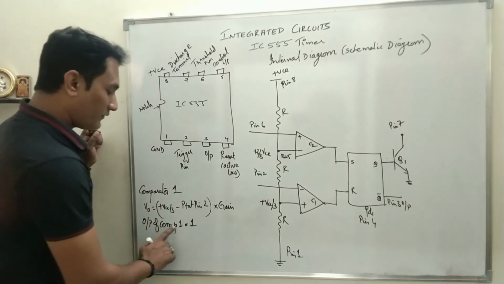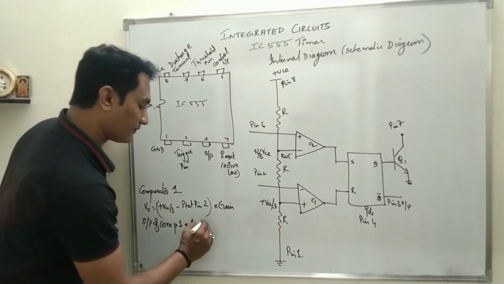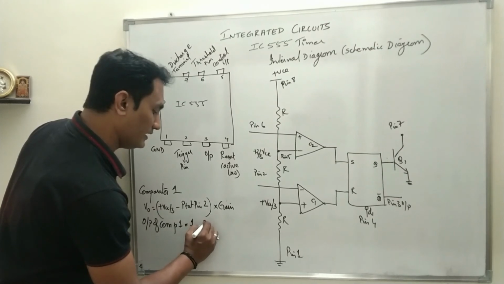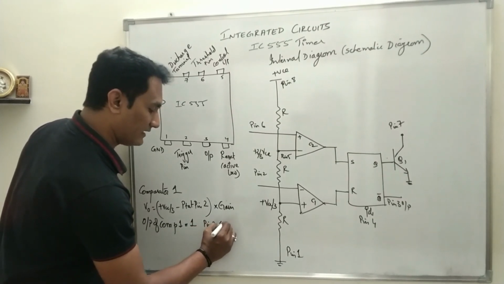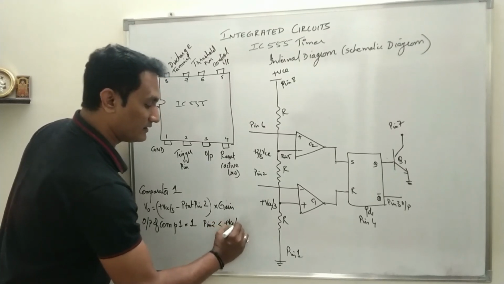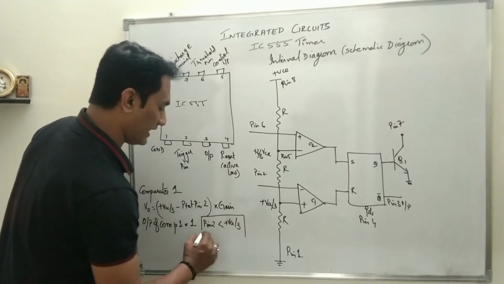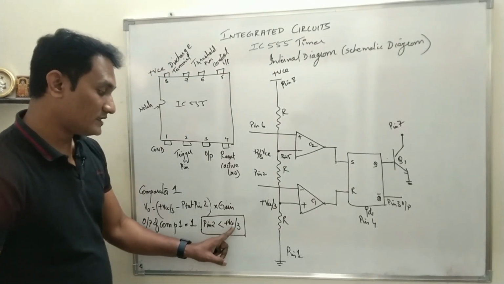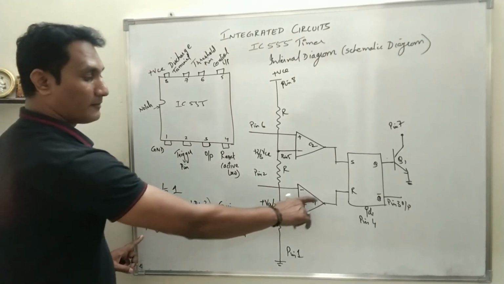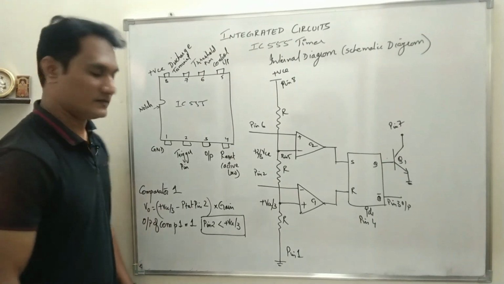So the output of comparator 1 will be 1 when the potential at pin 2 is less than plus VCC by 3. This condition is very important. The potential at pin number 2 should be less than plus VCC by 3 for the output of comparator 1 to become 1. Otherwise the output of the comparator will be 0.